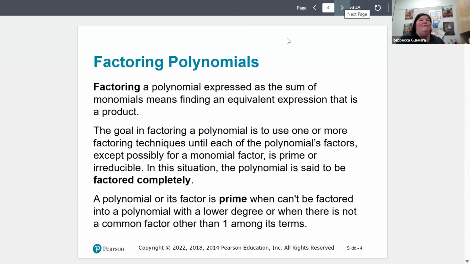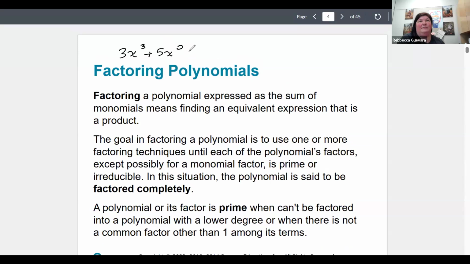So when we talk about factoring a polynomial expressed as the sum of monomials, we mean something that looks like this. Each one is a monomial.